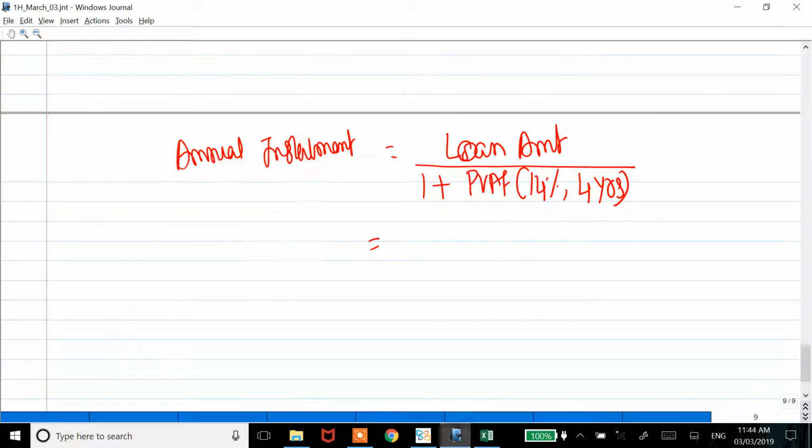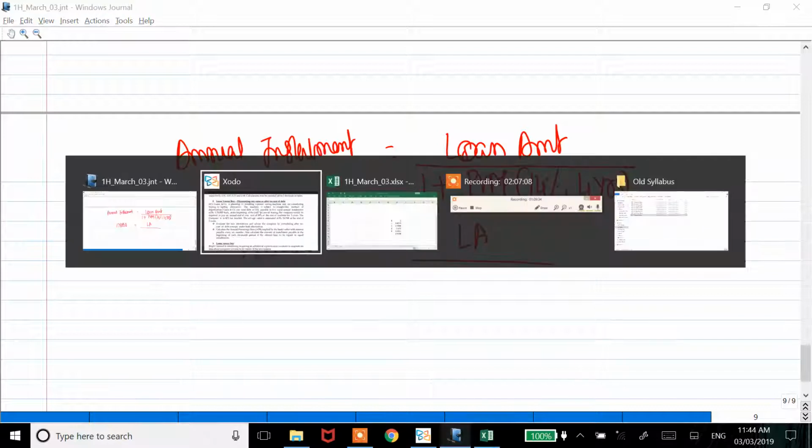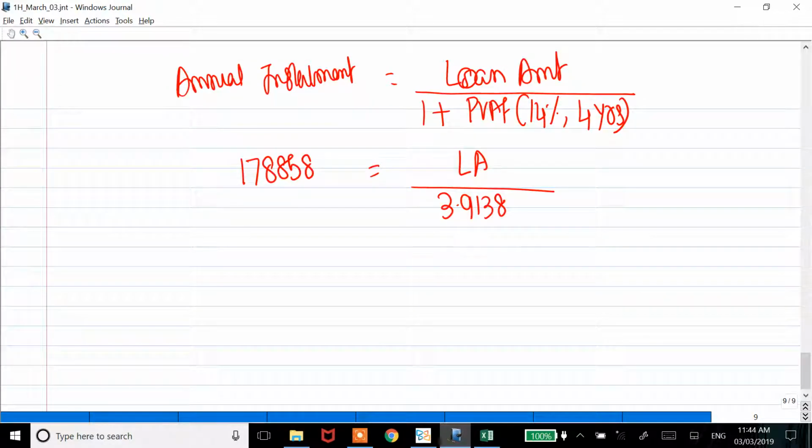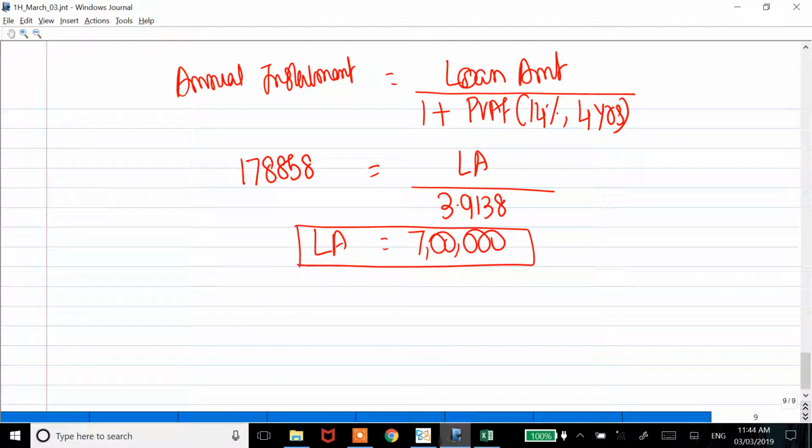Installment was 178,858. Loan amount divided by 3.9138. It's around 7 lakh rupees. 7 lakh rupees is the cost of the asset.